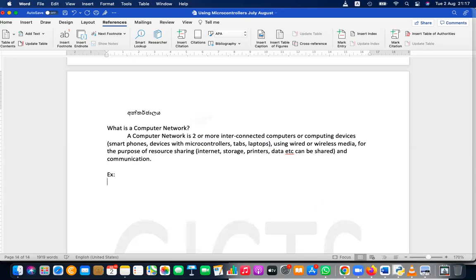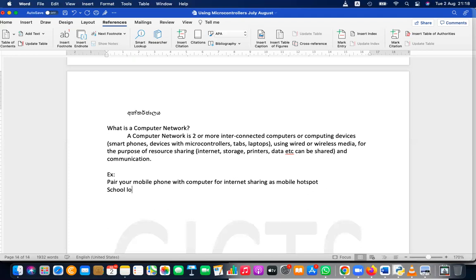For example, you can say, pair your mobile phone with computer for internet sharing as mobile hotspot. Everybody has done that, right? I think you all know how to establish a mobile hotspot. That is a network.